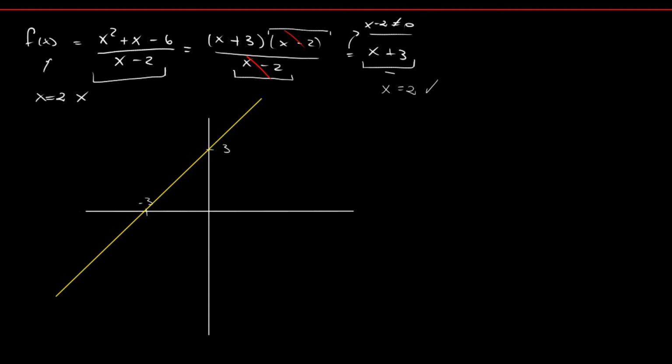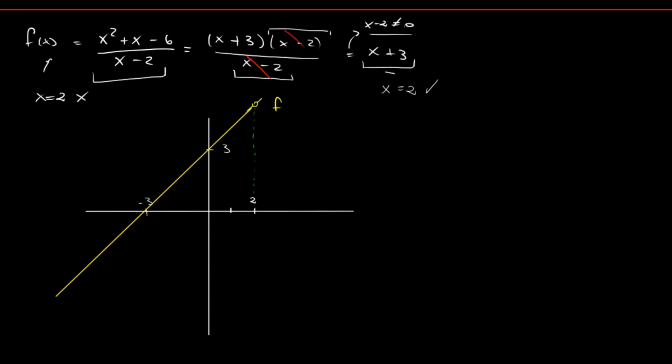And then what we have to do is go to x equals 2, and in the value of our function, which is this one, we're gonna draw a hole. So in this section, the plot is not defined for f.